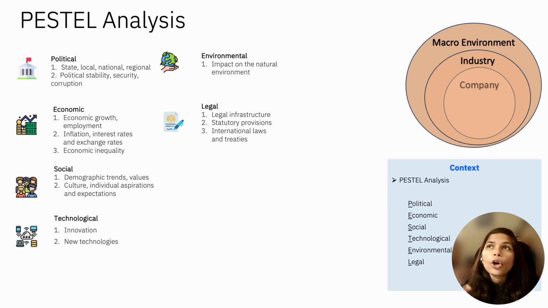You cannot go ahead and launch a product or service without keeping these factors in mind, because if you do that, so much investment at the start of your business is at great risk, right? So you should do a deep analysis of the macro environment before you go ahead and launch a product or service. So this is the PESTEL analysis.